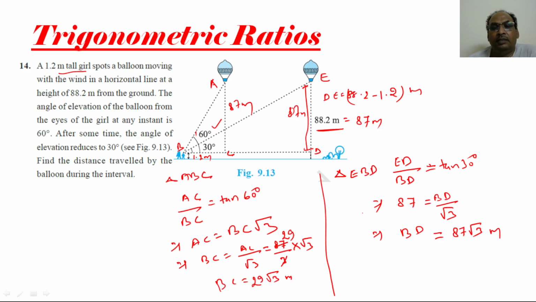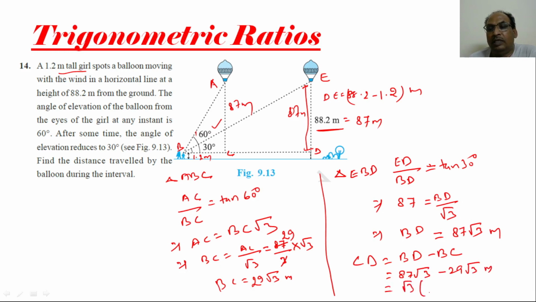Then we need to find the distance travelled by the balloon. So that CD we have to find. So BD minus BC. So 87 root 3 minus 29 root 3 meter.